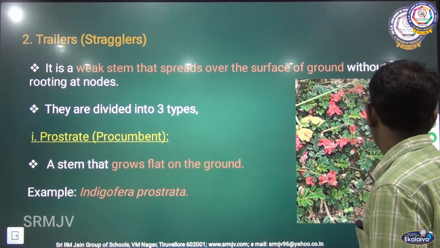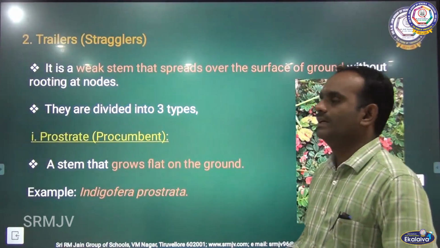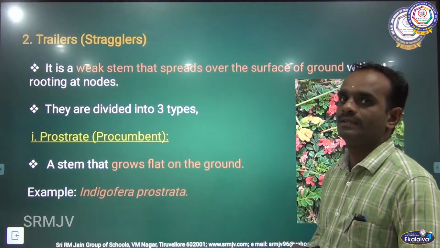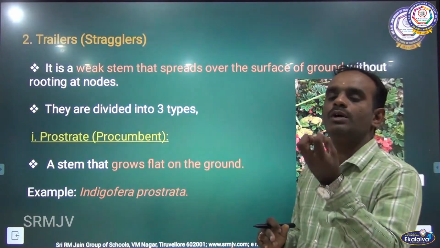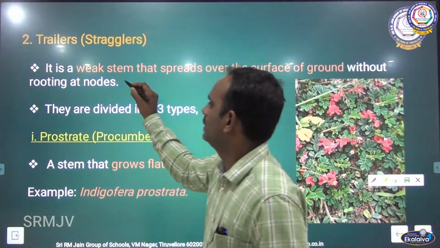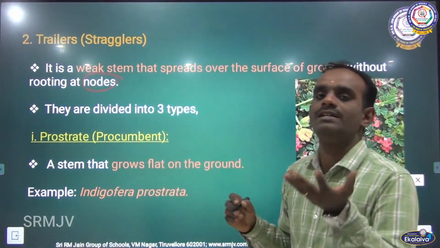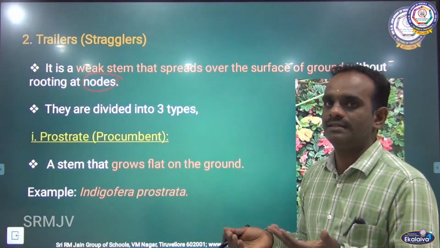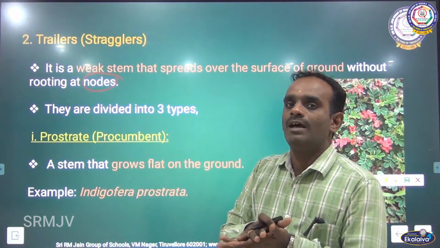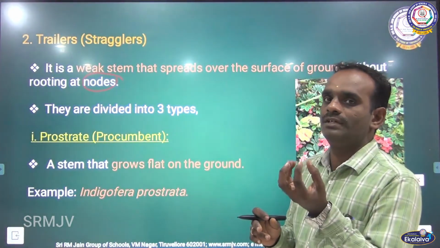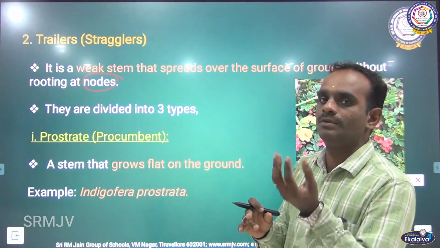The next one is trailers. It is a weak stem that spreads over the surface of the ground without rooting at nodes. So that is the major difference between the creepers and the trailers. Creepers have nodes, and each node will produce one root.